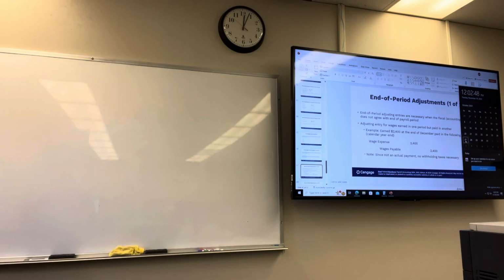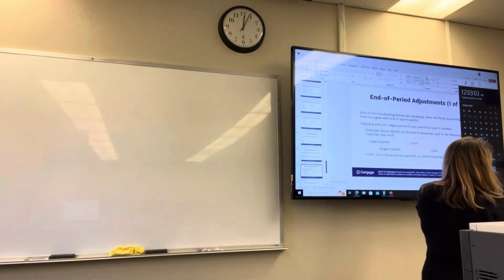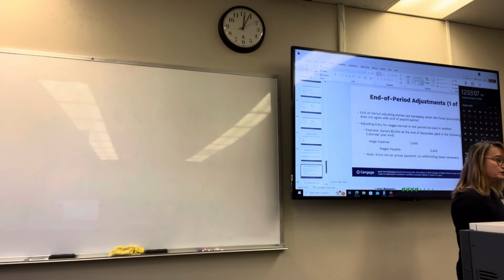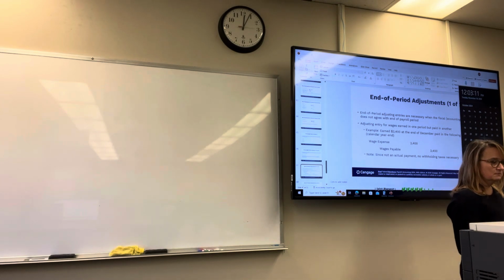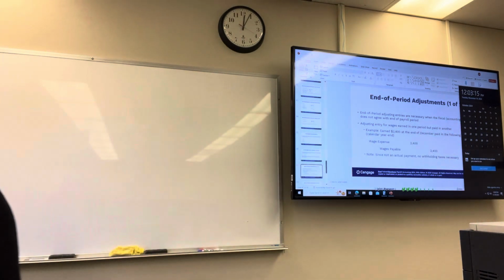But you can see here that our pay period overlaps our accounting period and a new accounting period beginning. So we have to account for the wages that have been earned so far, but they haven't been paid yet, right? So that's where these end of period adjustments come in.